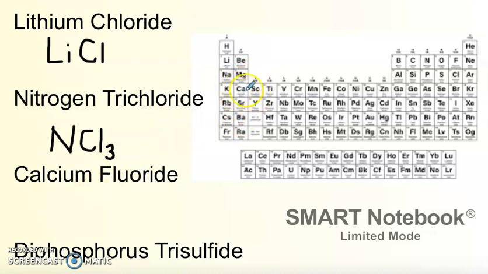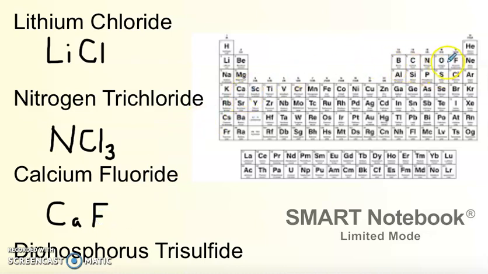Now here we have an ionic, calcium fluoride. Calcium is over here, right there, and fluorine is going to be over here. So that's ionic, but this is going to have a +2 ion, and this will have a -1 ion. So you have to look at it that way. You do not have a prefix in the ionic. So we had Ca and we had F. And the question is, where do we put the number?